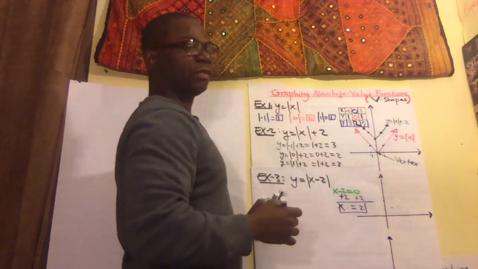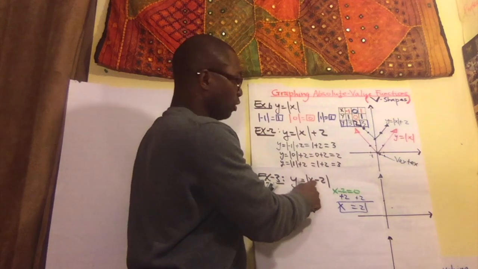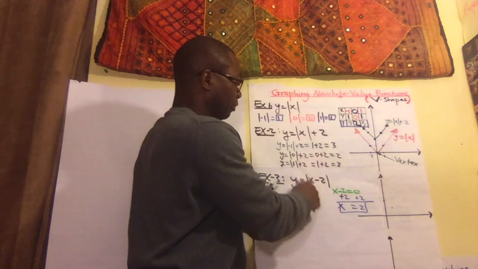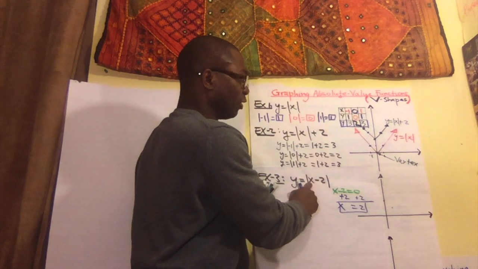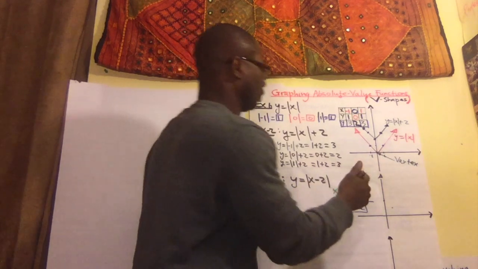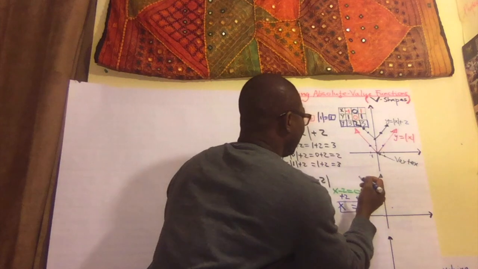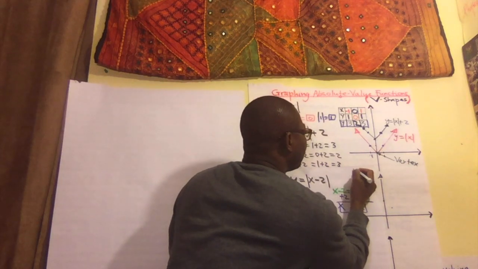Okay, forgot to mention that. So the value x equal to 2 will make the absolute value equal to 0. Okay, so we need that in order to make our table of values. So let's try that. Table of values, let's see, x equal to 2.